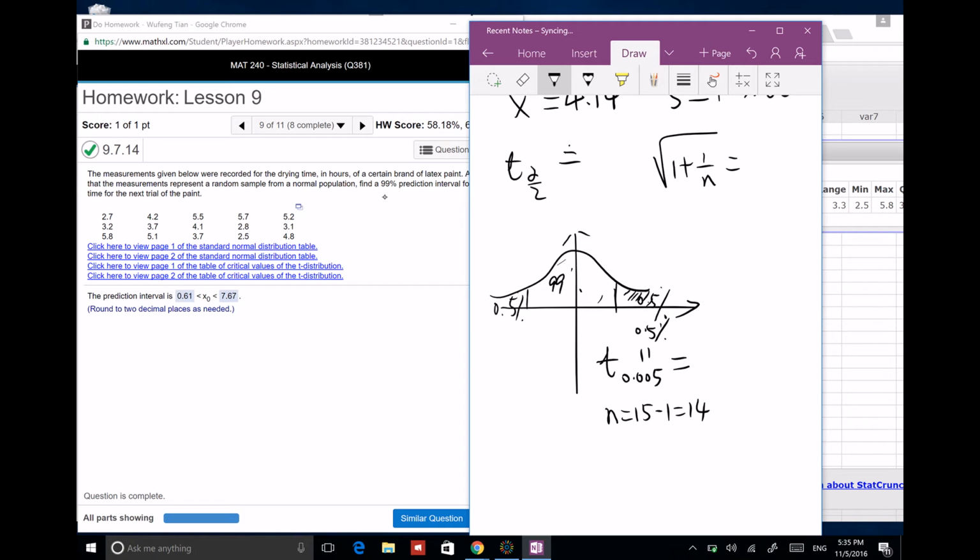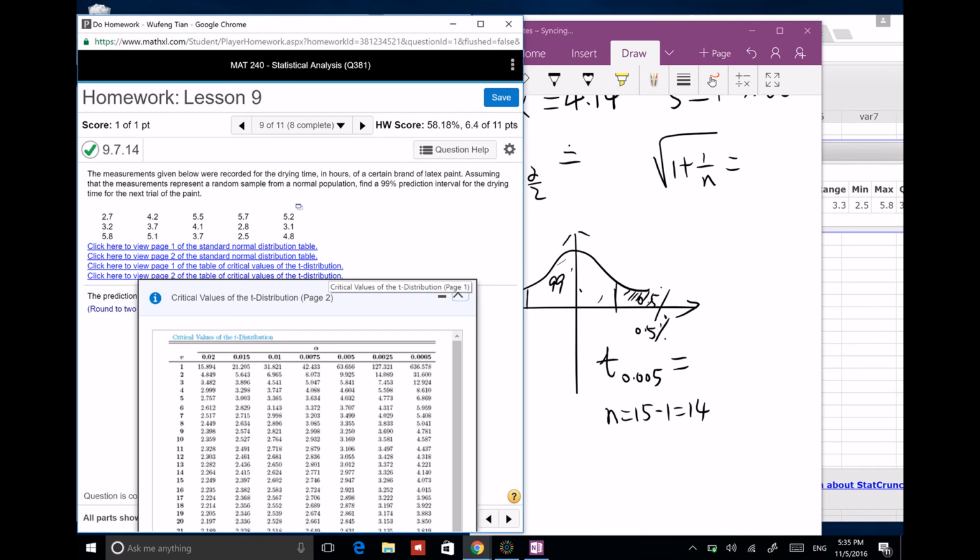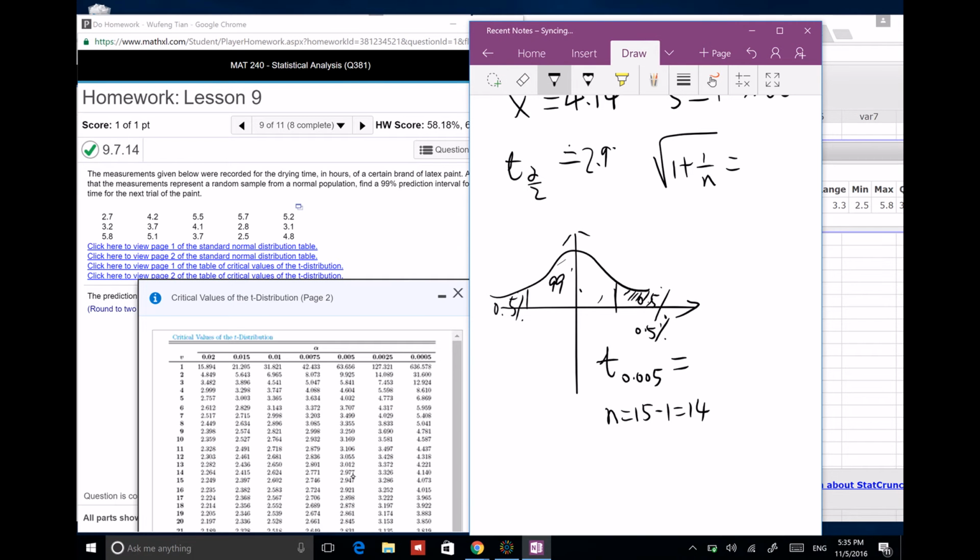So I need to find the degrees of freedom 14 at 0.005, which is 2.977. All right, so that's how you find t alpha of 2.